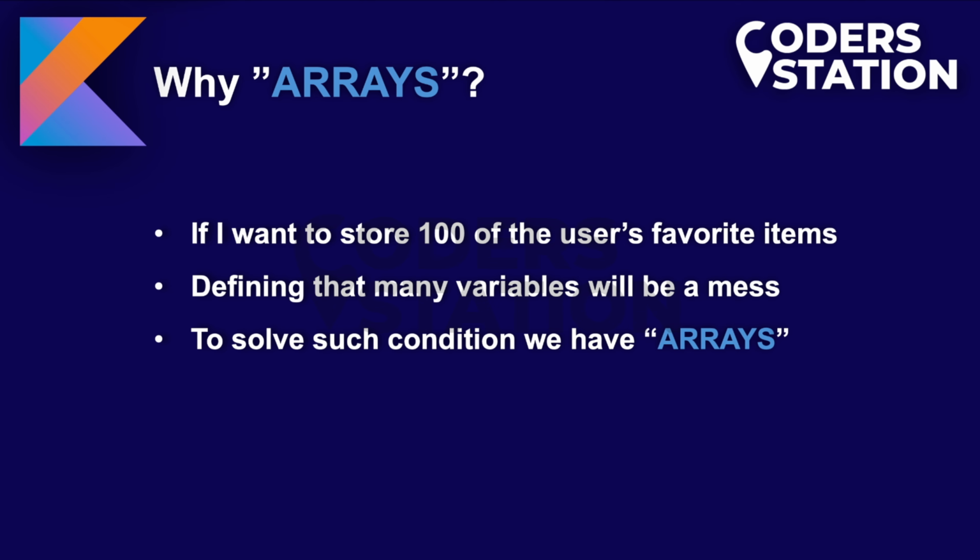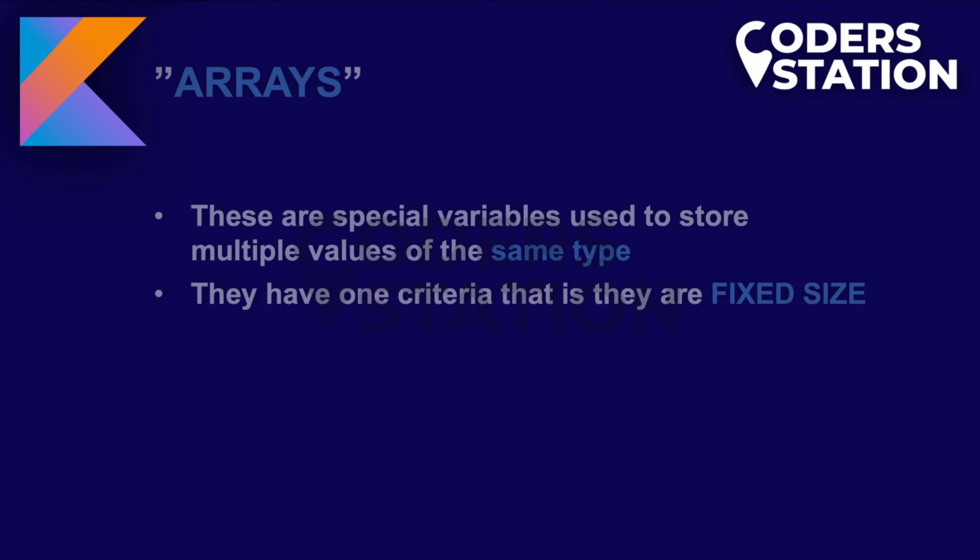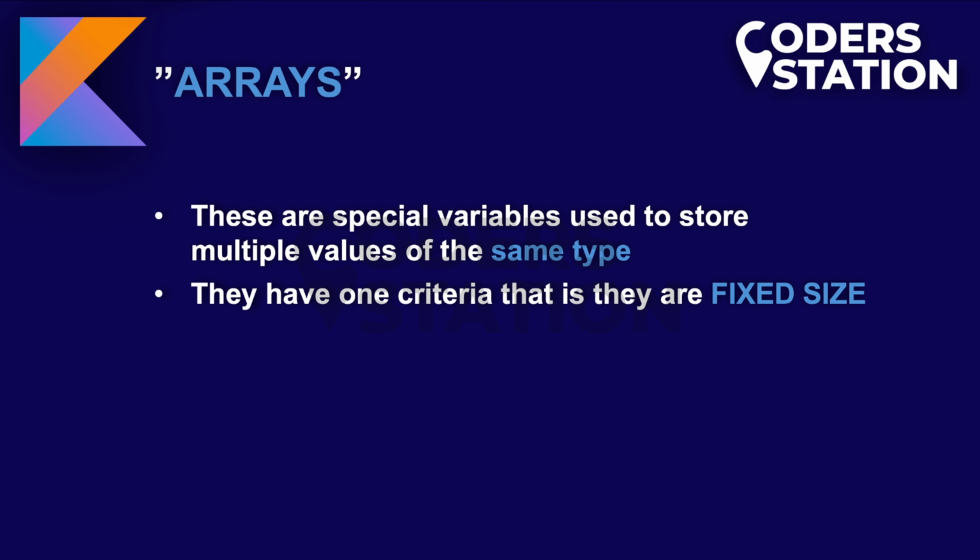But what if we have some solution to this problem? That is arrays. So what exactly are arrays? Arrays are nothing but a special variable that is used to store multiple values of the same type. That means inside a variable I can store multiple values, and this special variable is of fixed size. Each value should be of the same type.